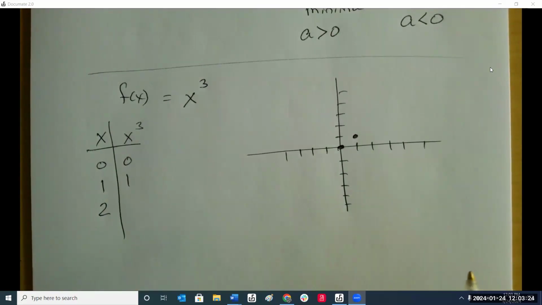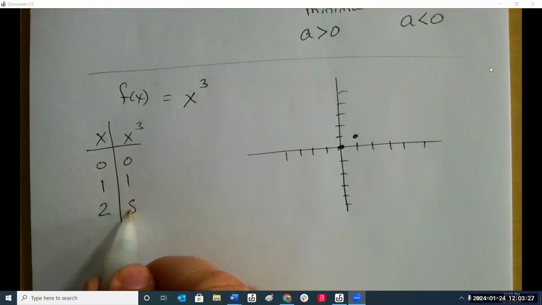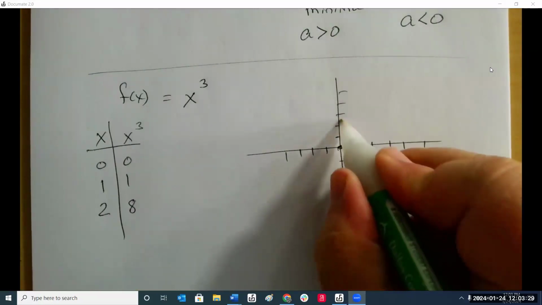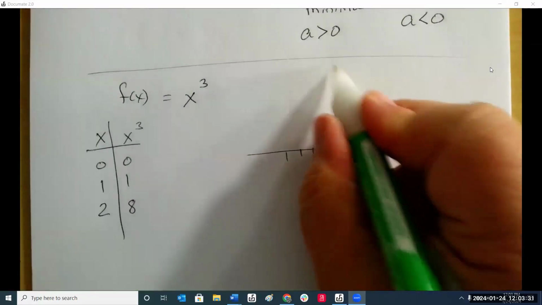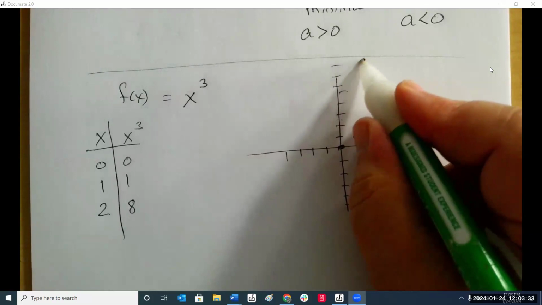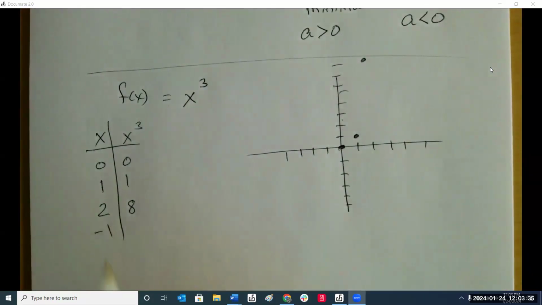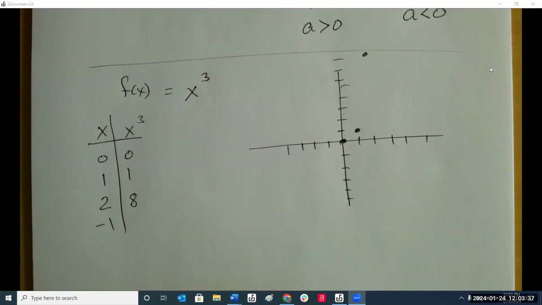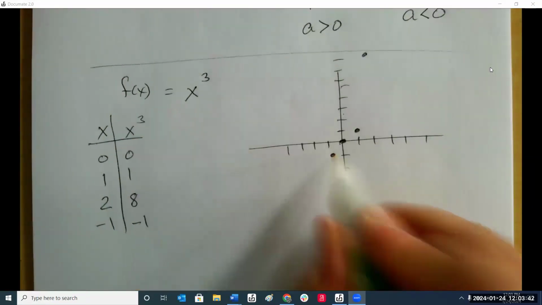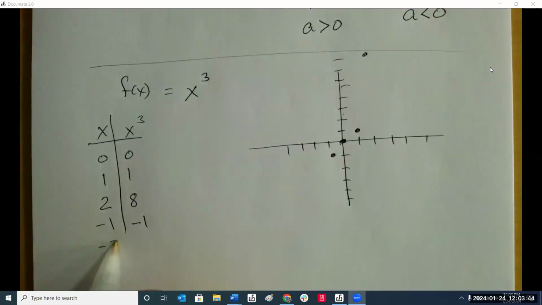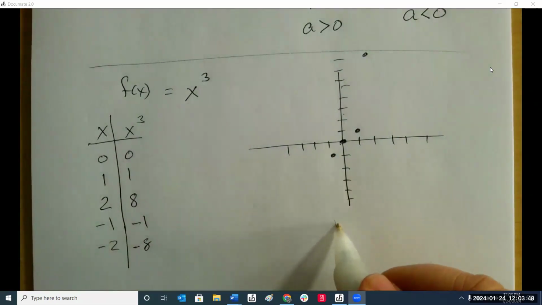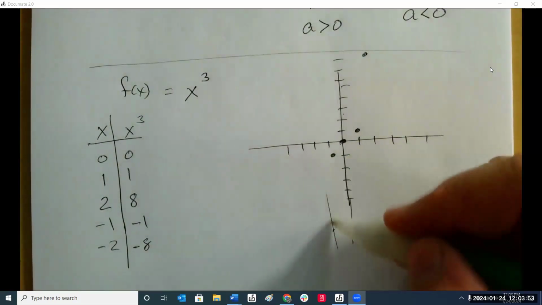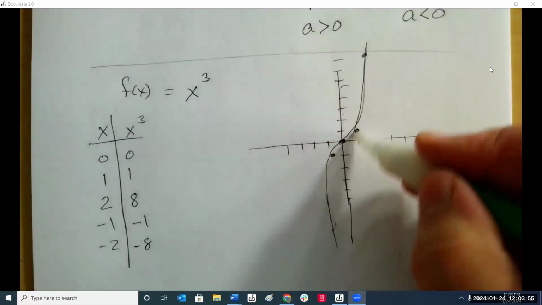What's 2 cubed? 8. So 2 and 8. If it's negative 1, negative 1. If it's negative 2, yeah, so the graph here looks something like this.